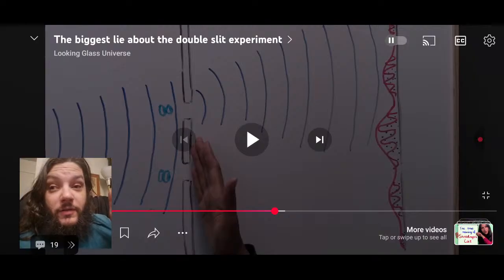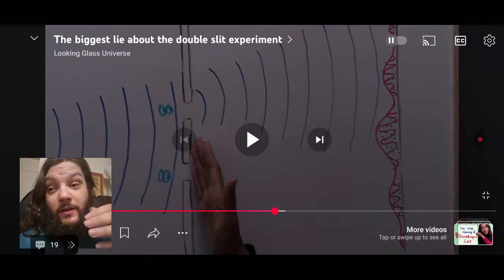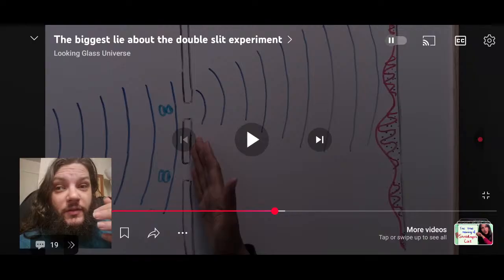You'd notice the waves kind of dissipate and the water just flows out that way, straightly, as if there were no rippling nonsense going on. It's still water, it's still particles, and similarly, this also proves light and electrons are particles.